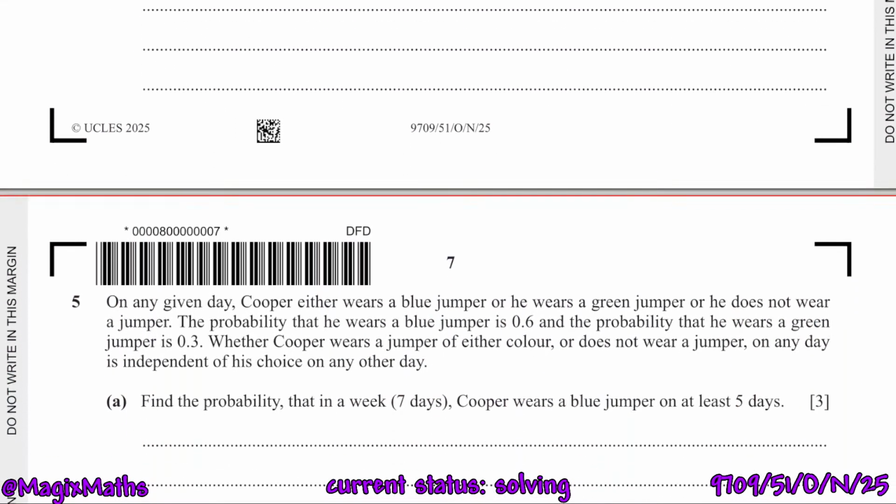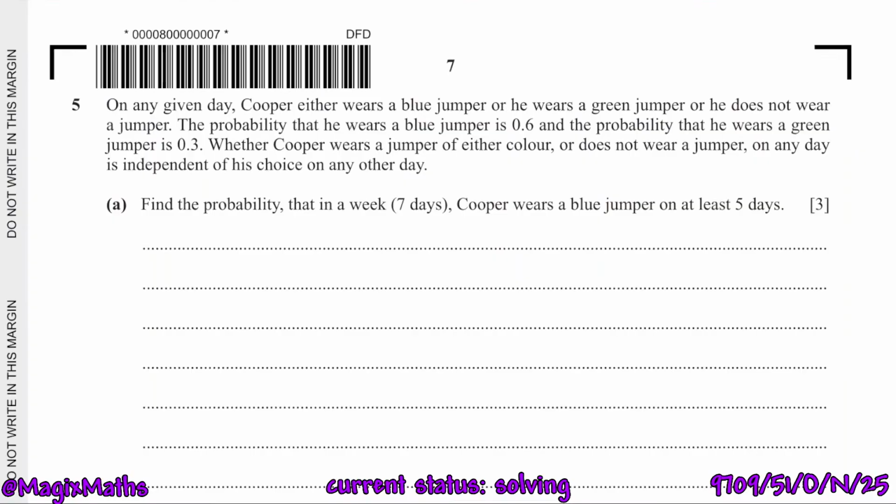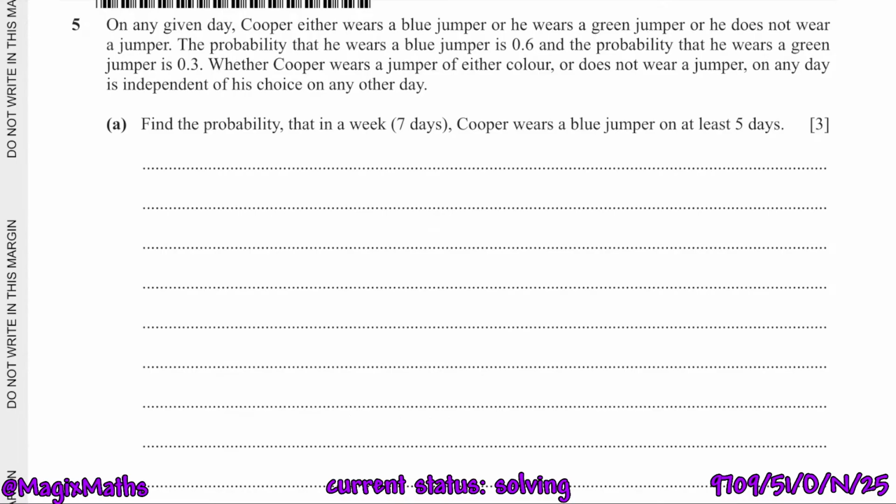Let's move on to the next question. On any given day, Cooper either wears a blue jumper or a green jumper, or he doesn't wear a jumper. So blue is 0.6, green is 0.3. Let's just draw our tree diagram here.